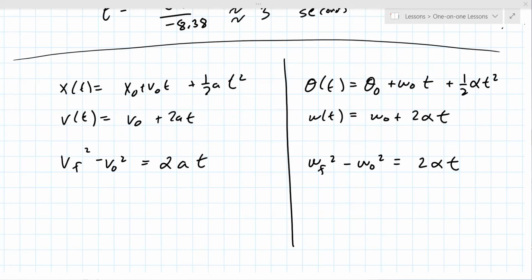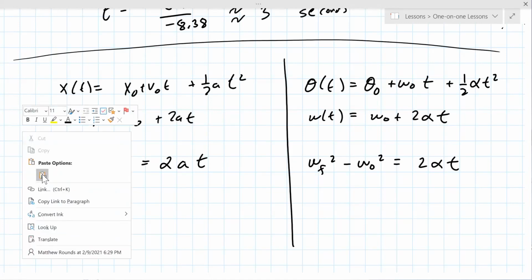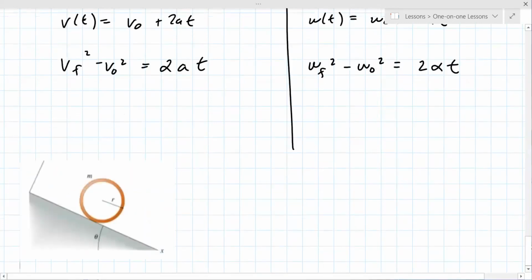What are we solving for? The acceleration? Yeah. Okay, so let me grab the picture here. Okay, so here's the picture.